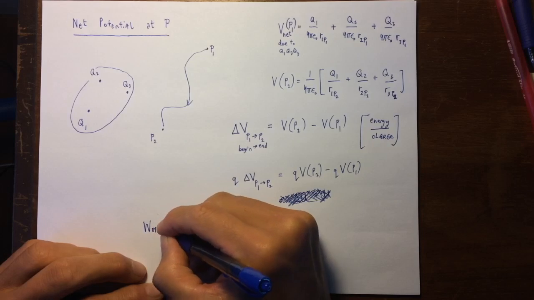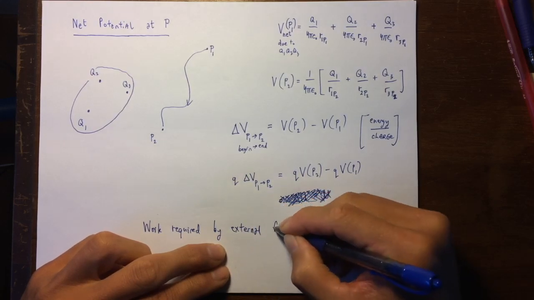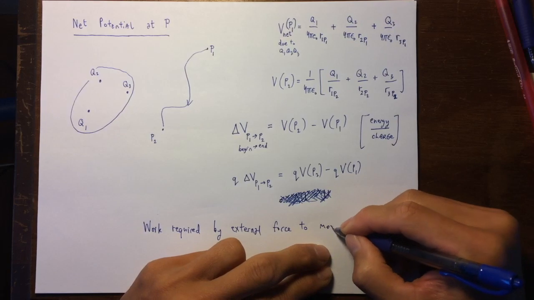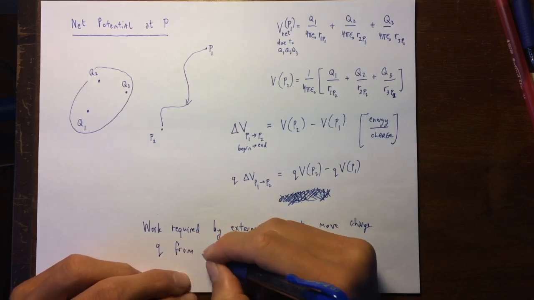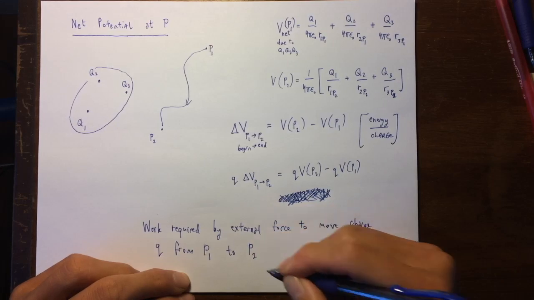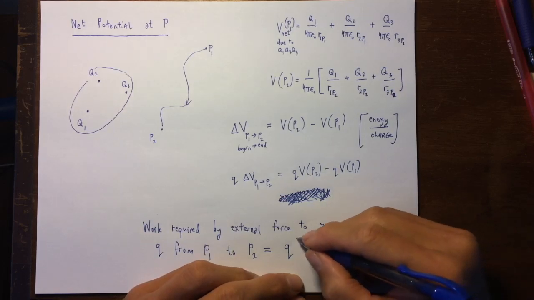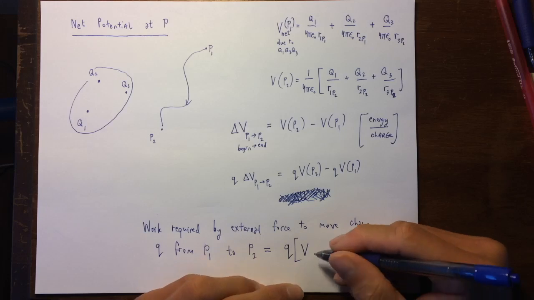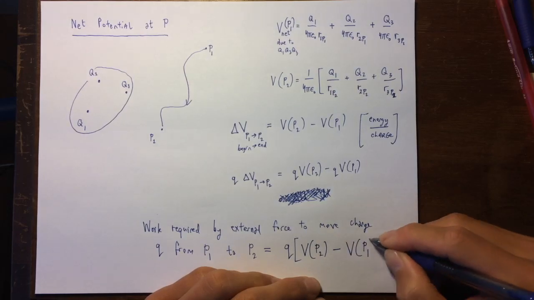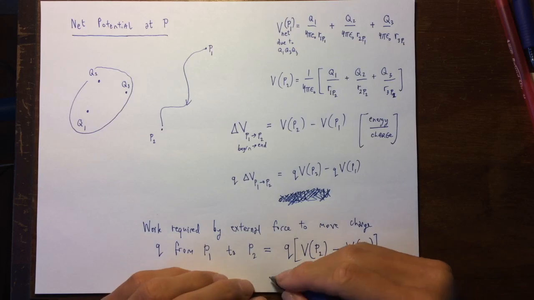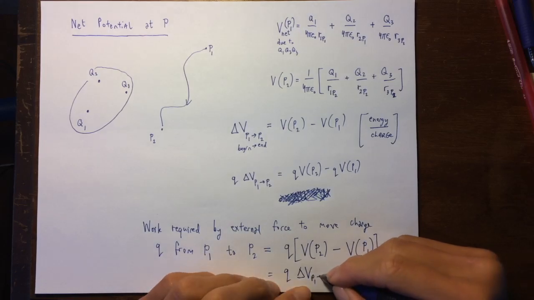So the work required by an external force to move charge Q from place 1 to place 2 is equal to Q times the electric potential, the scalar potential at P2 minus the potential at P1, right? Or Q times delta V, P1 to P2.